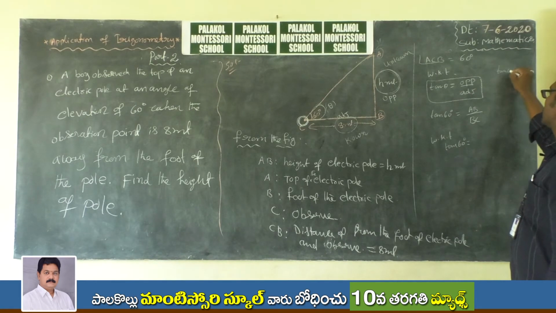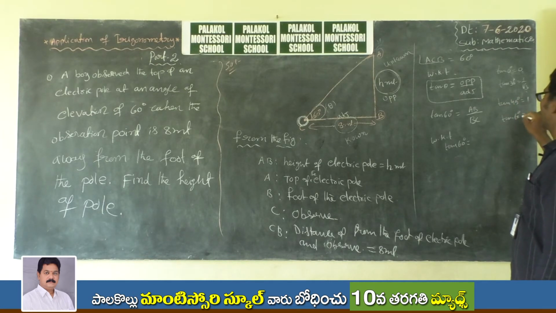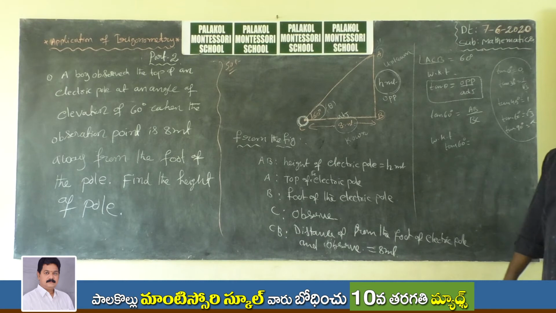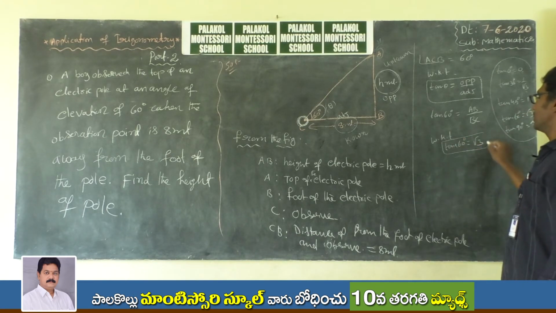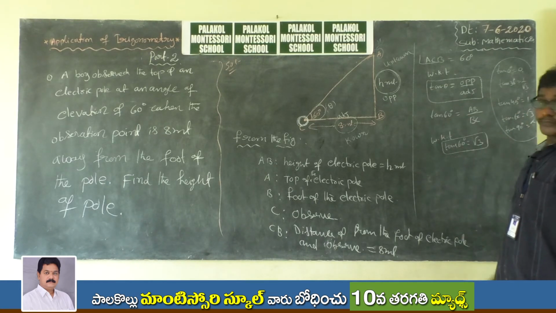Tan 0 degrees is equal to 0, tan 30 degrees is equal to 1 by root 3, tan 45 degrees is equal to 1 by 1, tan 60 degrees is equal to root 3, tan 90 degrees is equal to infinity. So tan 60 degrees value is root 3.